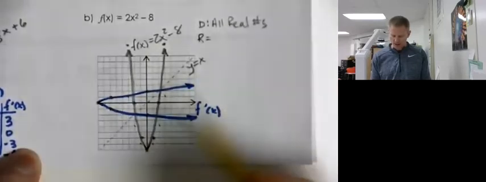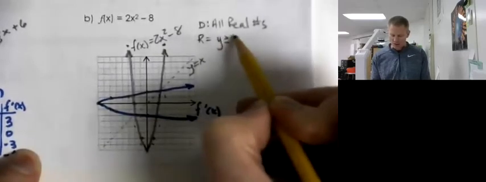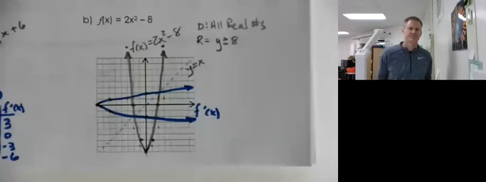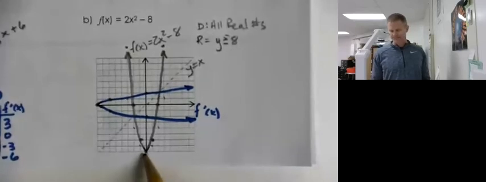And the range, are all your y values. Yep, that's going to be all real numbers also. Your range, sorry. It's your y values greater than or equal to negative 8, because it's down here. It's going up.